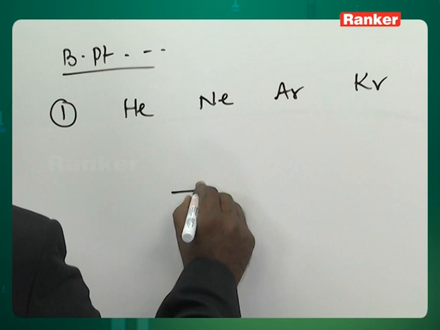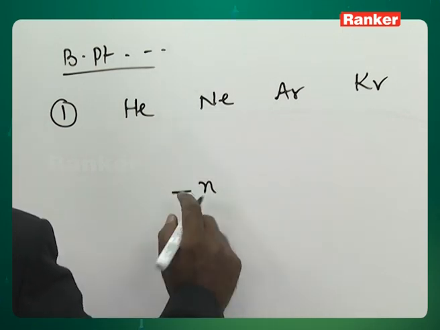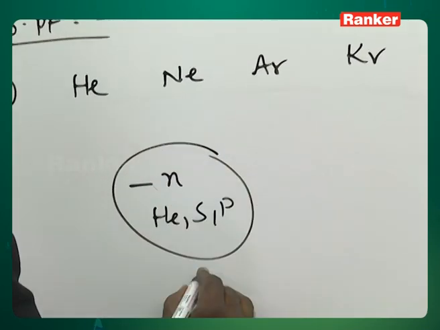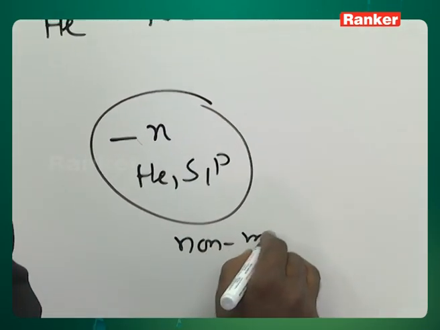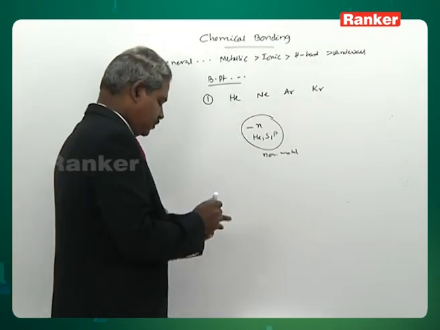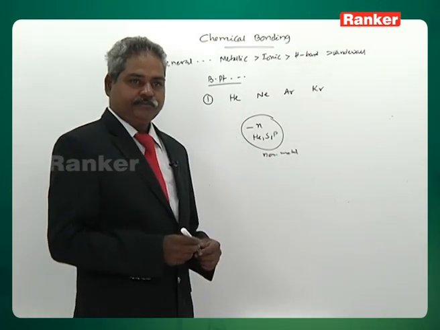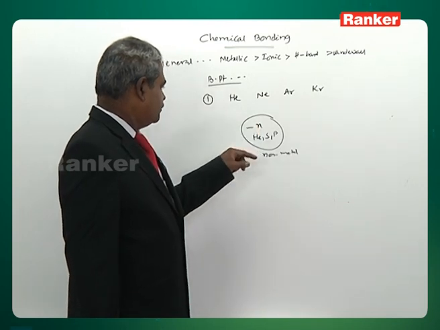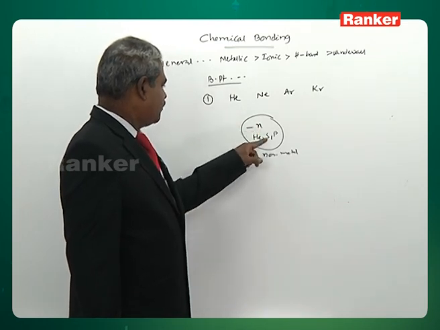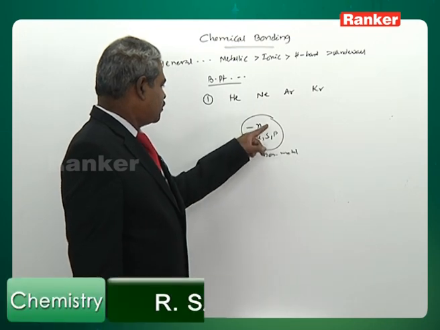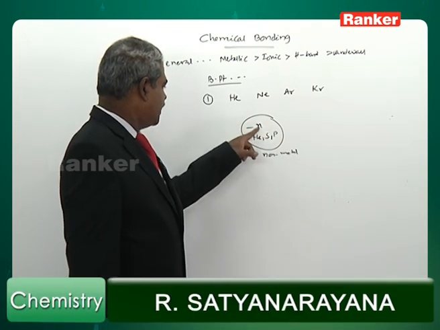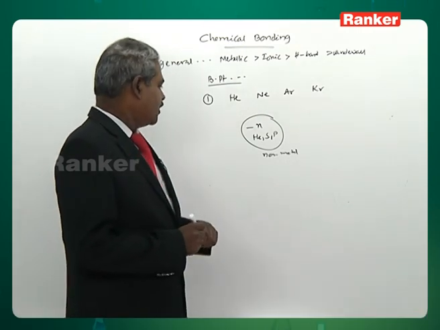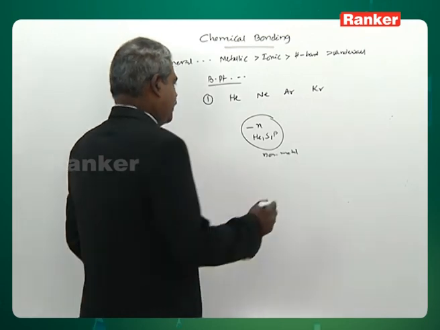All names ending in the sound N: helium, sulfur, phosphorus, these are non-metals. Like fluorine, chlorine, bromine, iodine, oxygen, sulfur, nitrogen, phosphorus, boron, carbon, silicon.